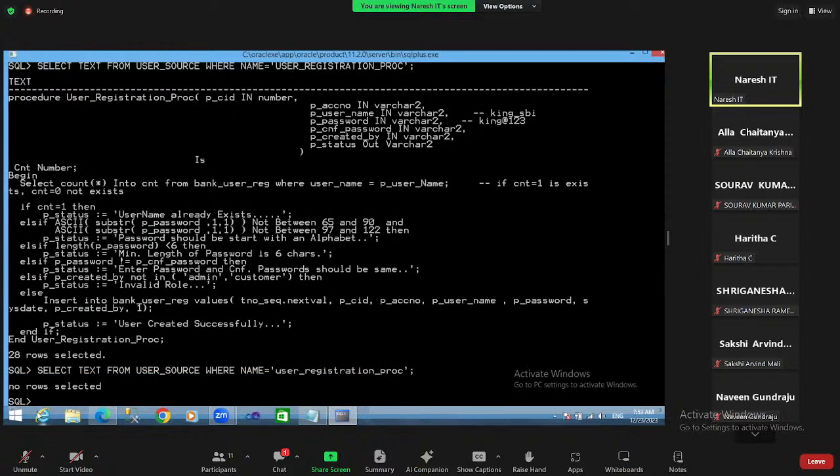Because by default, inside the database, all object names are stored in capital letters, not only this one. Tables, views, indexes, sequences, procedures, functions, packages, all names are stored in capital letters by default. Right, guys.